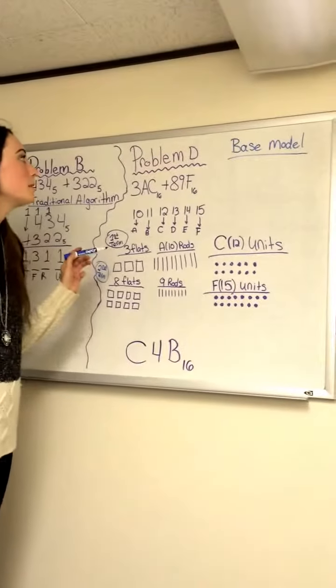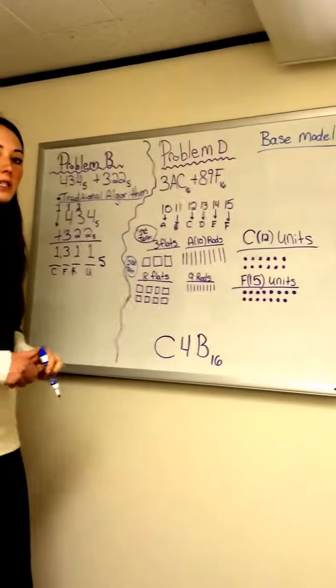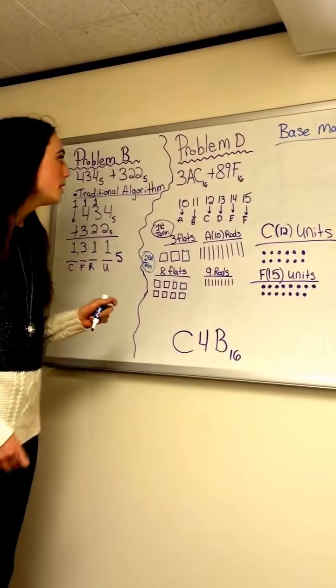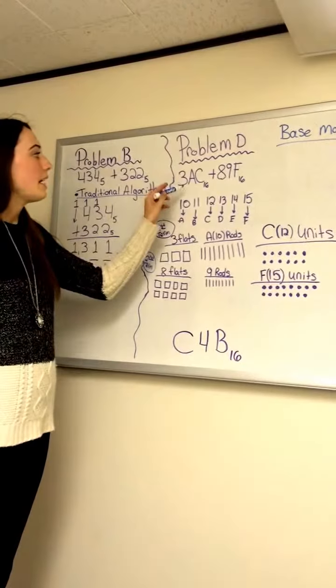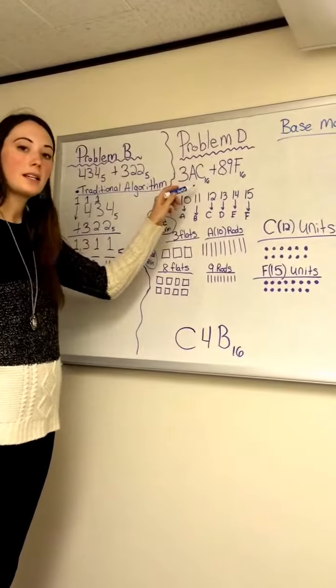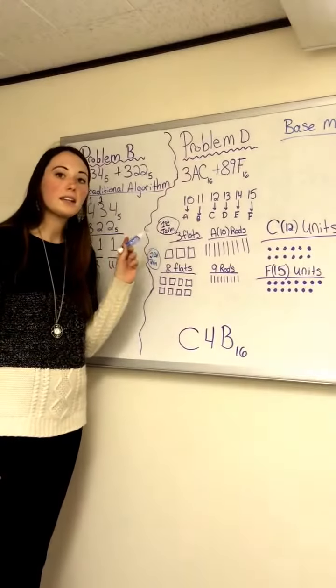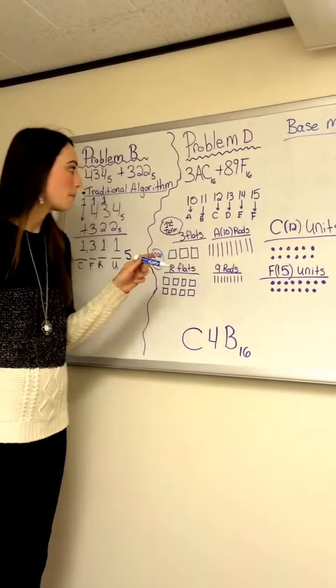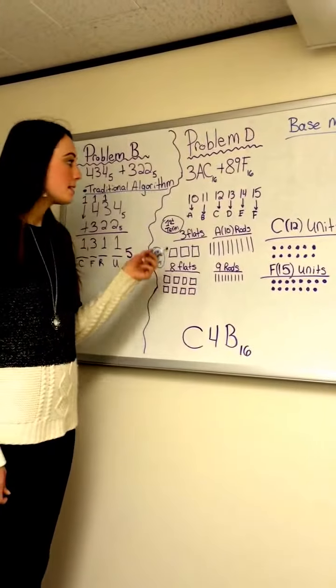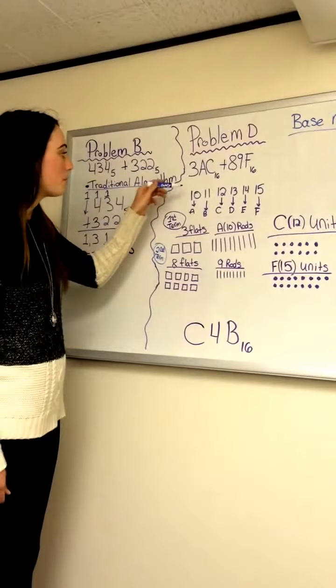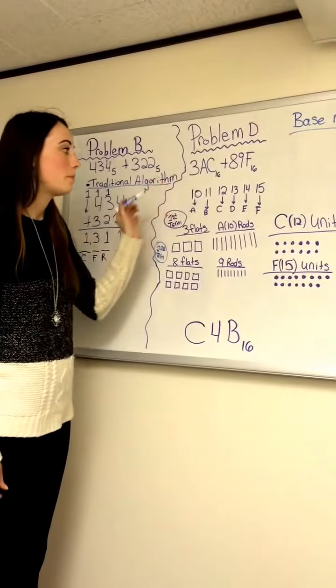The next problem is problem D, and we'll be using the base model. We've got 3AC base 16 plus 89F base 16. And in base 16, some of the numbers are represented by letters.